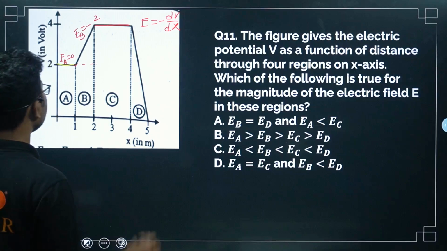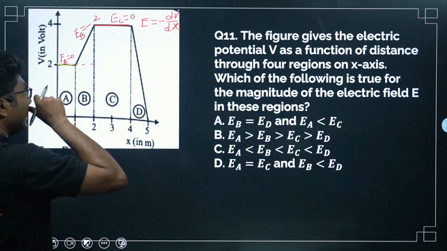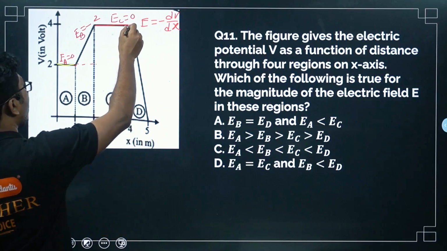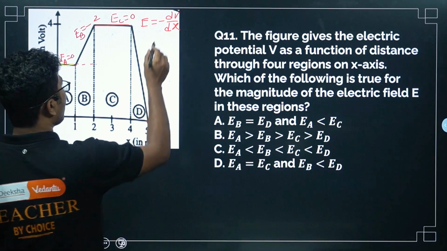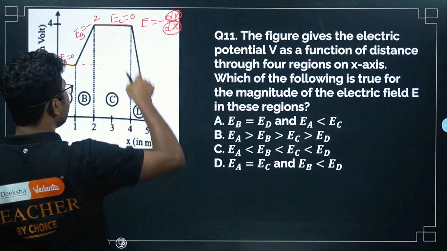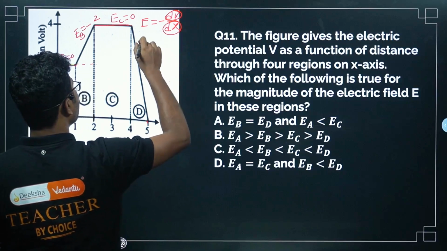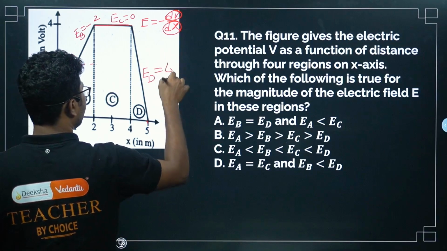Potential constant means electric field is 0. So EC is 0. Now here potential is decreasing from 4 to 0 in 1 second. So dV is 4, dx is 1, and it is decreasing. Decreasing means a negative of a negative, that is double negative. So ED will be 4 by 1, that is 4.